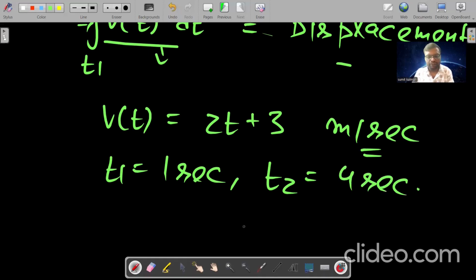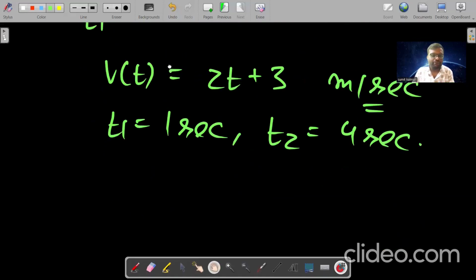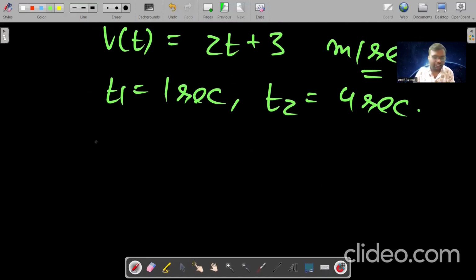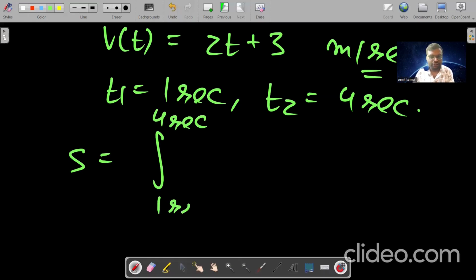Then, students, if you integrate your velocity with respect to time, you will get displacement. I'm representing displacement by s. S is equal to the integral from 1 to 4 second, because t1 is 1 second and t2 is 4 second. 1 is the lower limit and 4 is the upper limit, of (2t plus 3) dt.